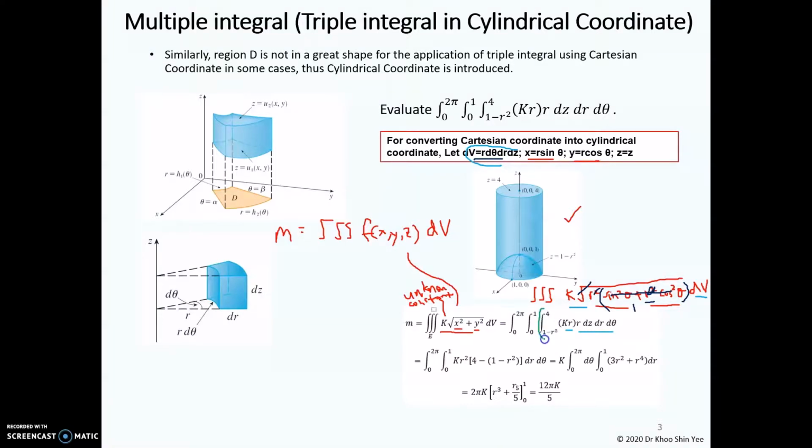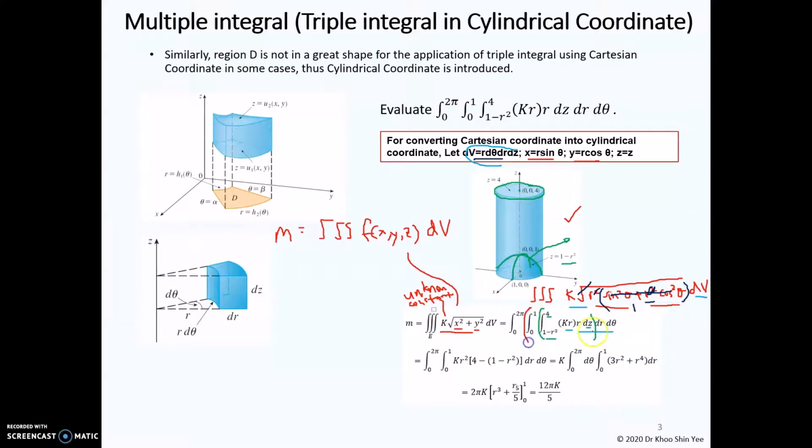So let's find the limit for the z-axis. So you can see that this object is bounded by this hemisphere to the z equal to 4 here. So this lower z limit is given by 1 minus r squared, and upper z limit is given by z equal to 4.